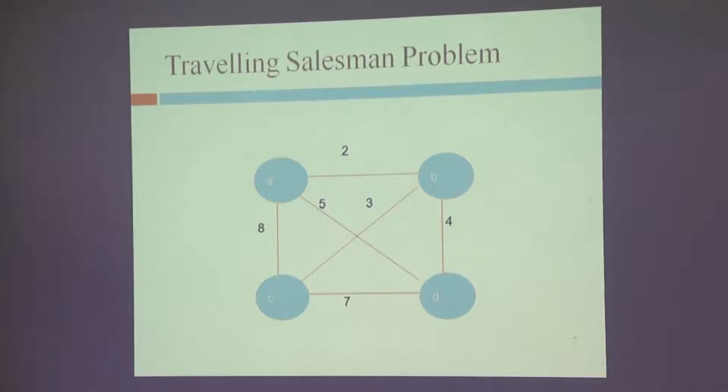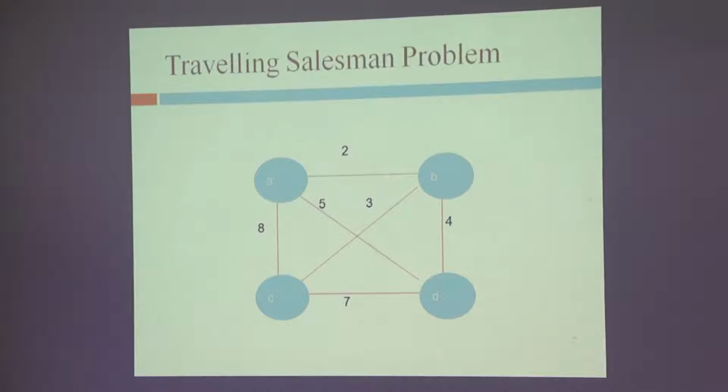For B, what are the edges? For B, the 3 edges which are incident on B have weights as 2, 3 and 4. So pick up AB and BC. Just remember them, we will see how we are going to calculate the bound.